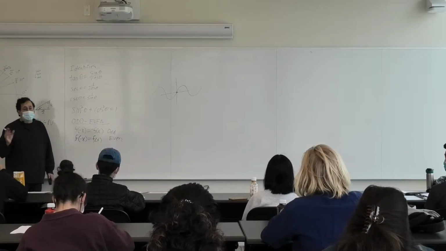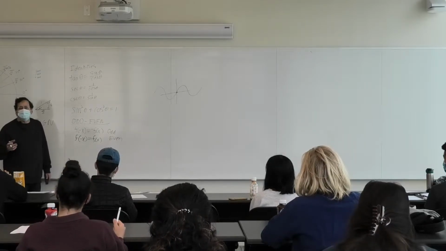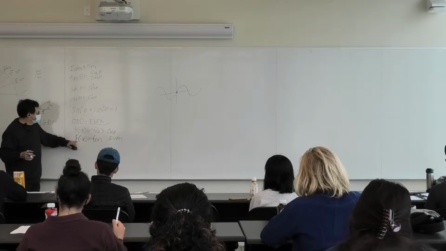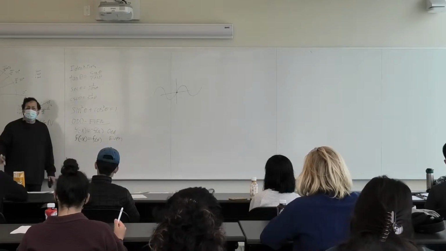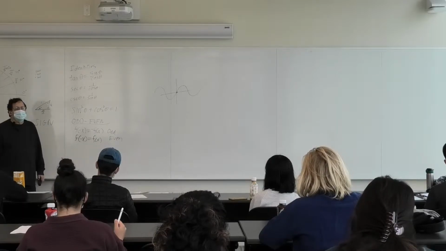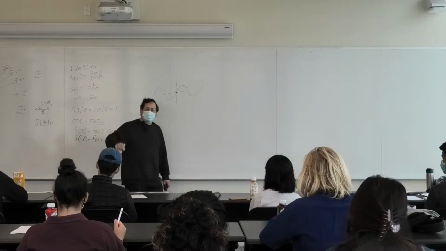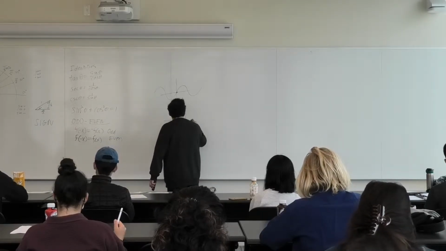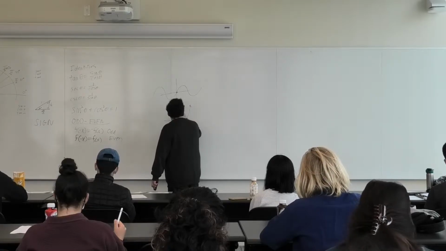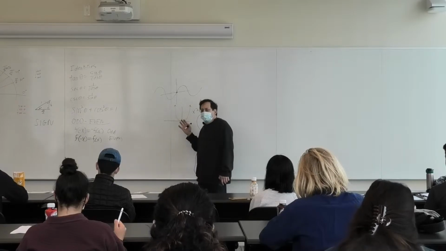Now, functions are not necessarily even or odd, but some functions are even or odd. Can someone give me an example of an even function? Okay. X squared, that's a great one. Now, you can look at it this way.